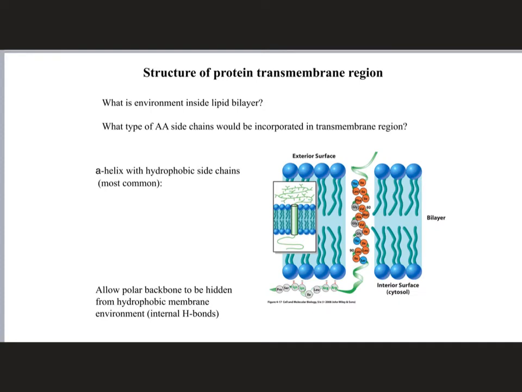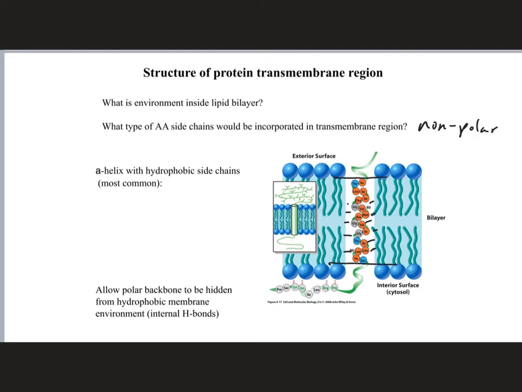All right, but there's something else to consider. So this makes sense. The nonpolar amino acids are most likely going to be the ones that are crossing the transmembrane domain, because those are the ones that are happy interacting with the hydrophobic phospholipid bilayer inside this transmembrane region.